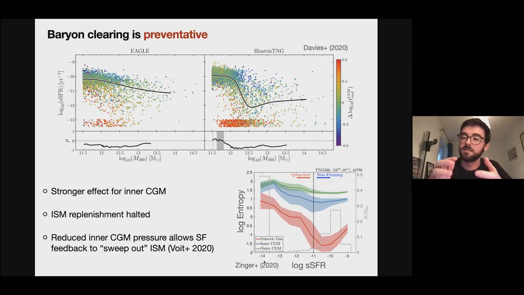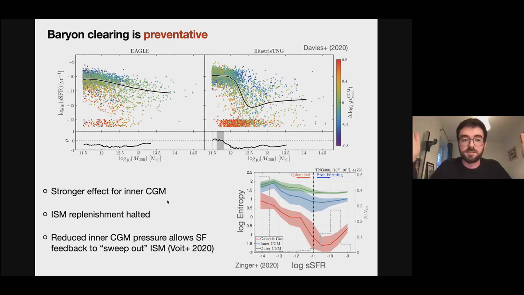So the inner CGM is more strongly affected in terms of this whole prevention of cooling. So this is entropy versus specific star formation rate, and you can see that for the most quenched galaxies, the CGM entropy is higher, and that this is a stronger slope here for the inner CGM and for the gas right near the central galaxy.